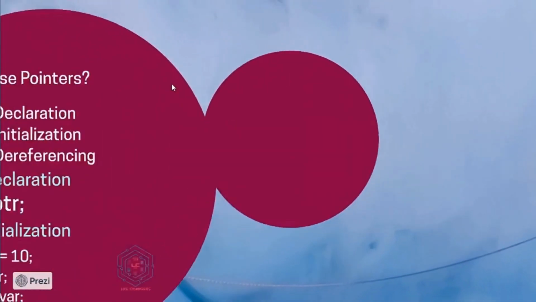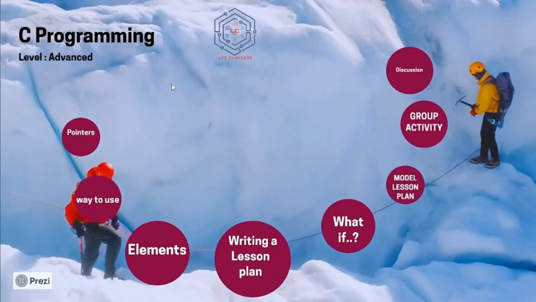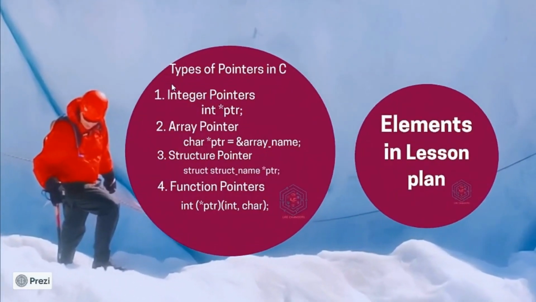Let us see the types of pointers. There are several types of pointers we use in our programs. First, the integer pointer. That means we can access an integer by using pointers, as we saw earlier.